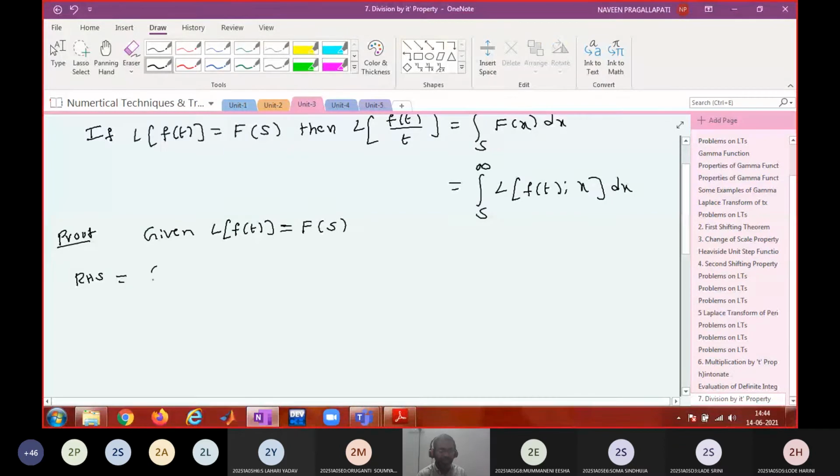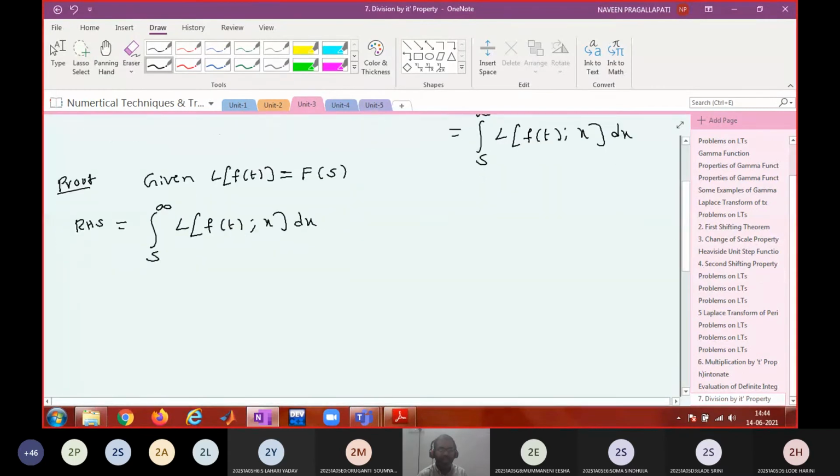What is RHS? Integral from s to infinity of Laplace of f of t in the variable x dx. Shall we apply the integral definition of Laplace? What is the integral definition of Laplace?